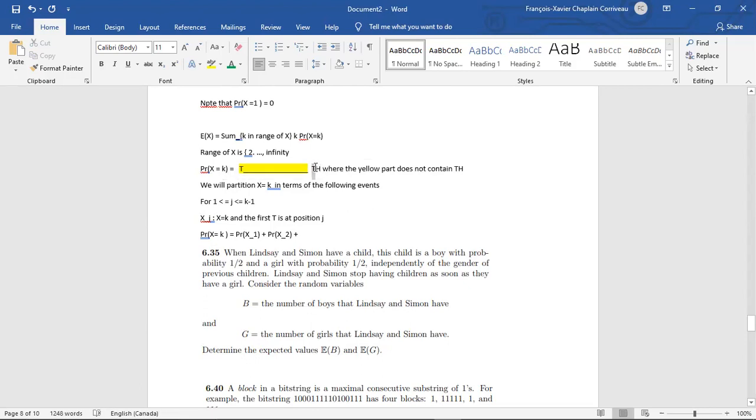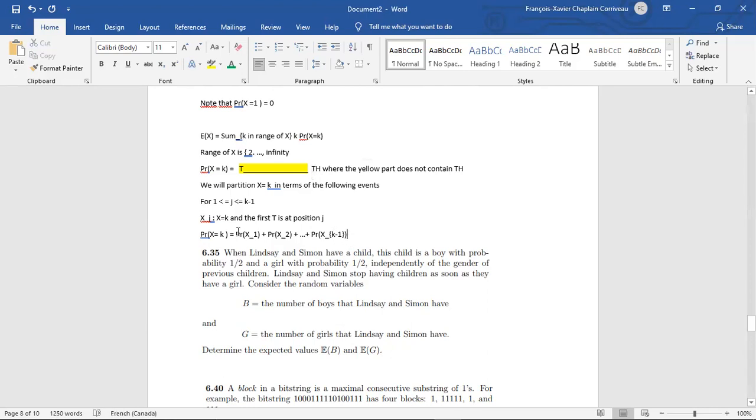Either this could have been my first tail, or I could have had a tail before. So I'm looking at a bunch of disjoint cases. And again, why k minus 1? Because here this is position k, and this has to be ahead. So I cannot go further than k minus 1 for my first tail.